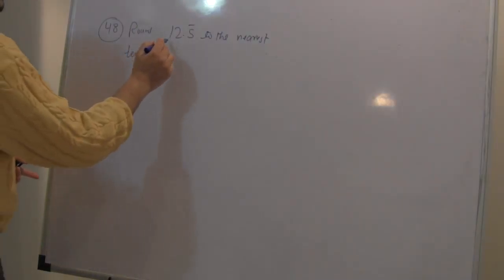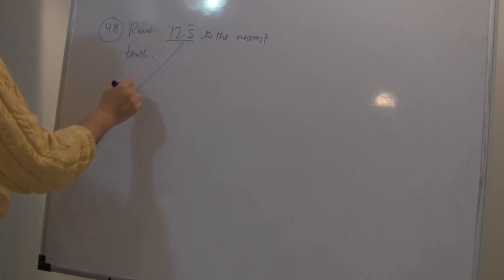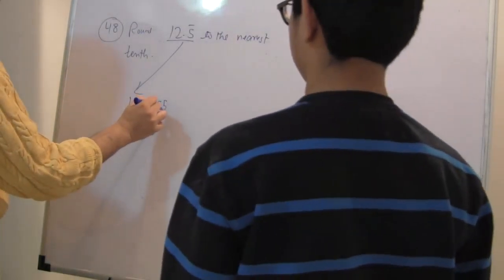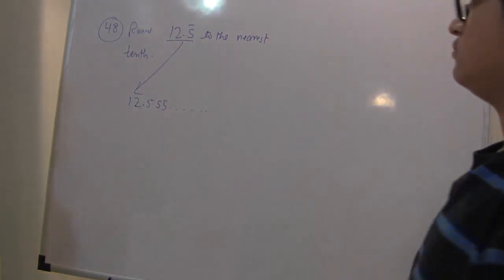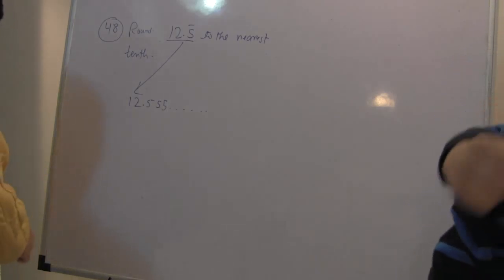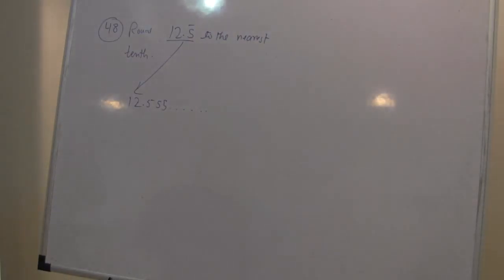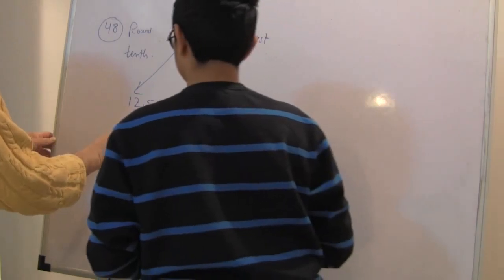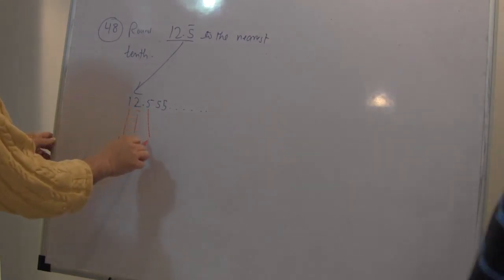So here you have to round this 12.5 bar to the nearest 10. What is this number basically? This really means 12.555 and it goes on forever. So what's the tens place and ones place?